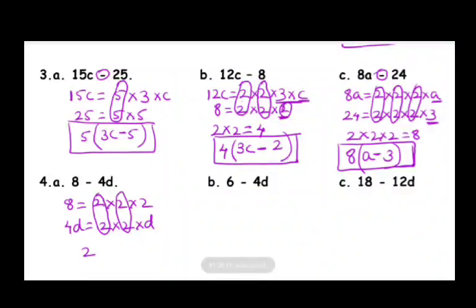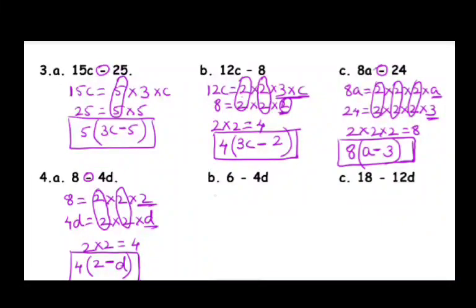We have another set common. Write it down. Multiply. So we write 4 on the outside. What is left is 2. We bring the minus sign in the middle. And we have only d left here. So here we go.